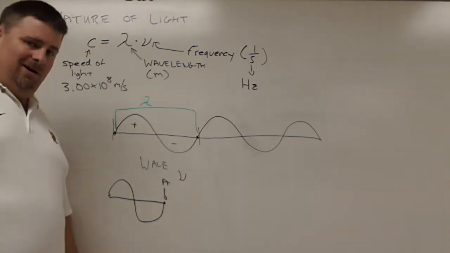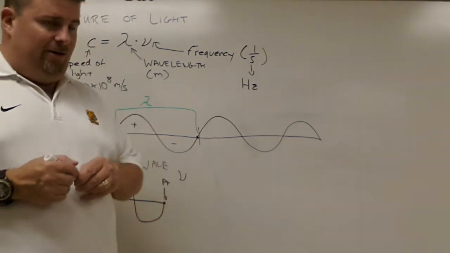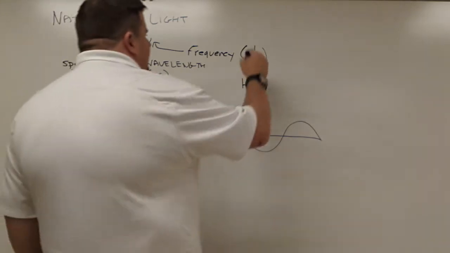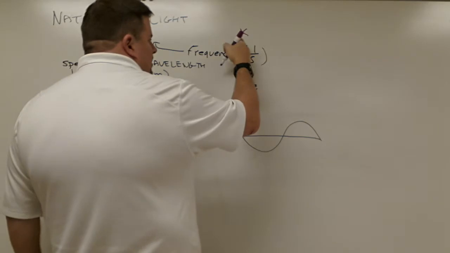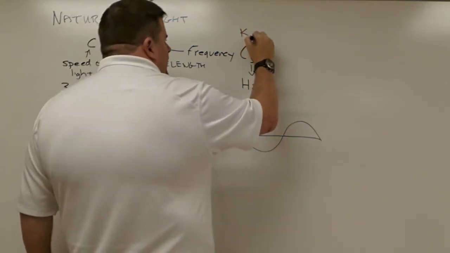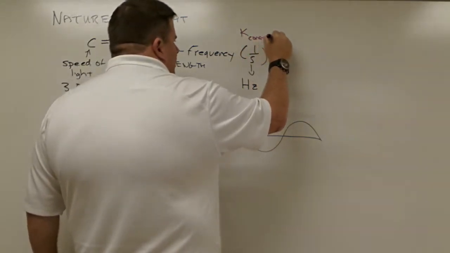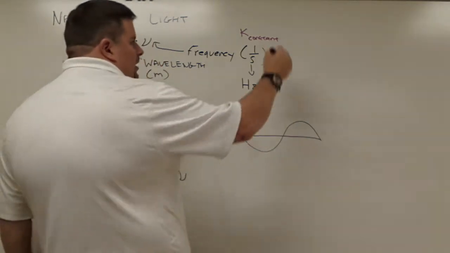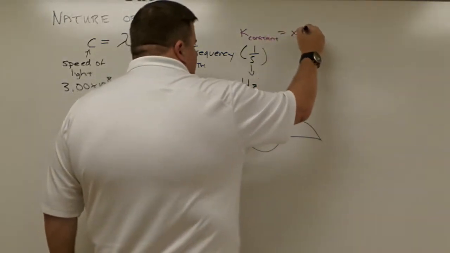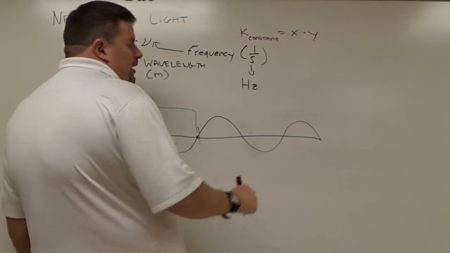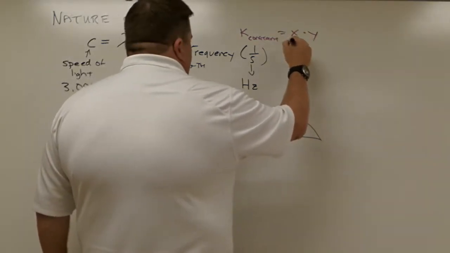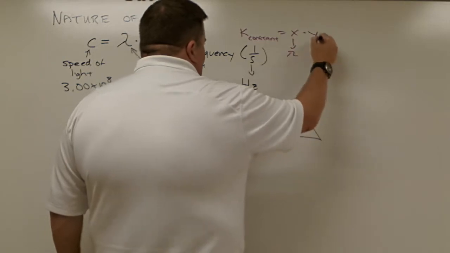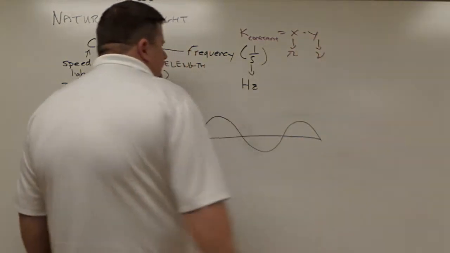If you are going to look at this with a mathematical calculation, note that c is constant. So I'm going to write c as a k, which is a constant here. Okay? And the mathematical abstract talks about x times y, all right? x being wavelength, and y being frequency.